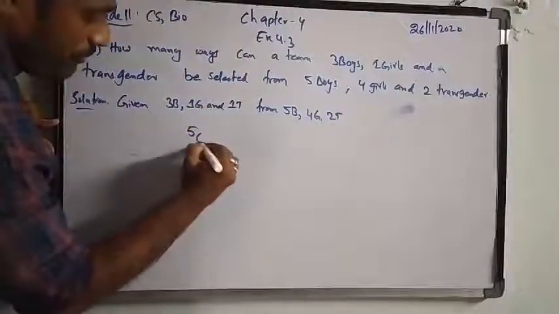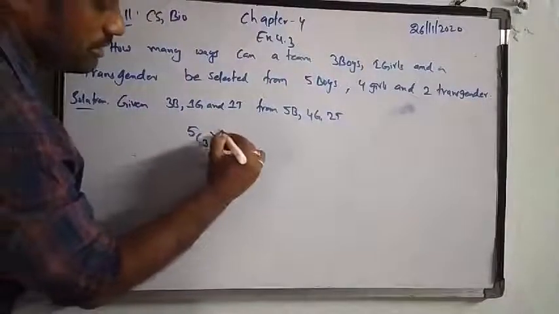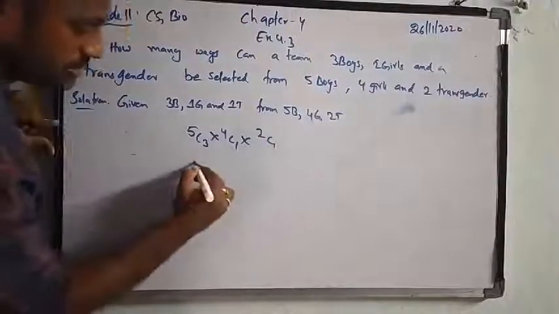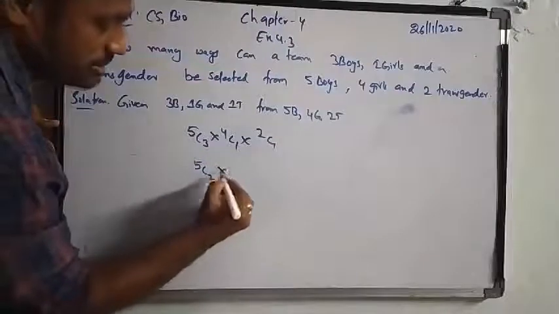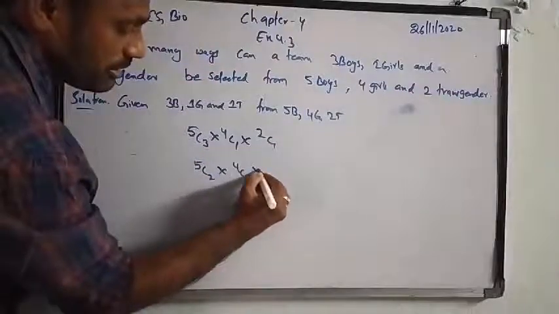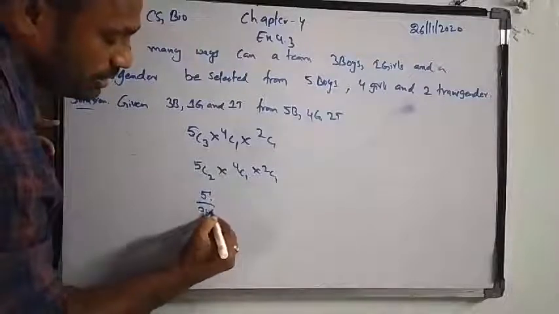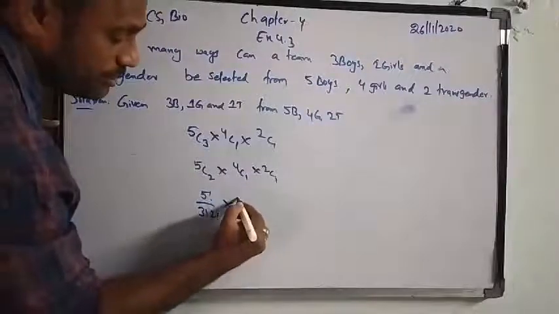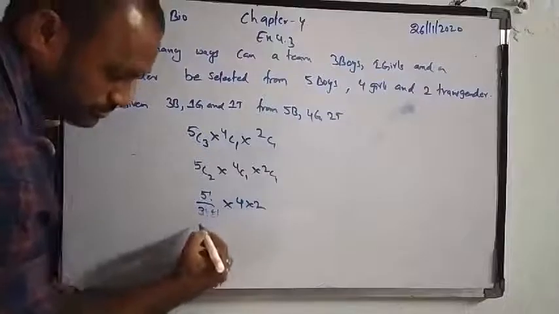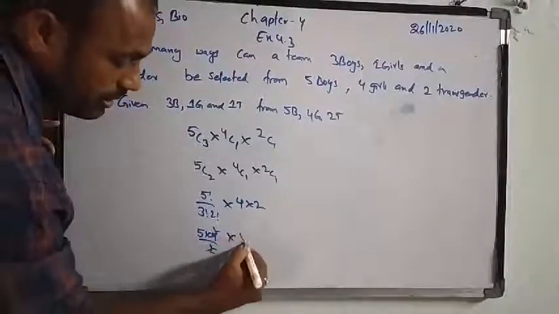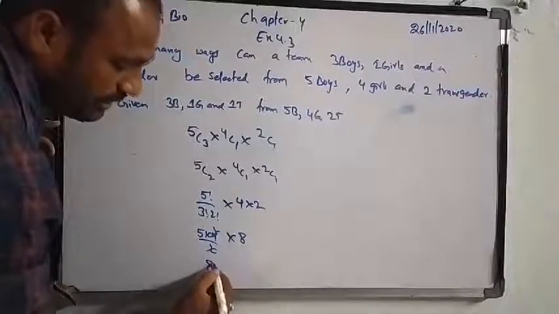So it can be selected in 5C3 ways, 4C1 ways and 2C1 ways. So 5C3 can be done as 5C2, 4C1 into 2C1. So 5C2 is 5 factorial by 3 factorial into 2 factorial, into 4C1 is 4, 2C1 is 2. So 10 into 8, 80.